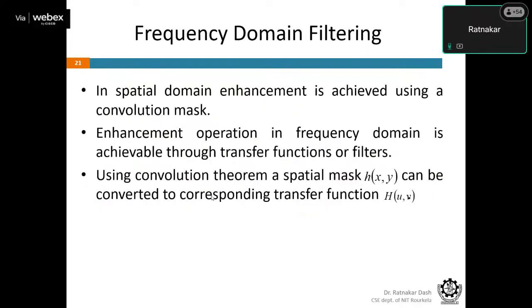Now coming to frequency domain filter. In spatial domain filtering, we mostly work on the signal values or image values directly, whether it is signal, image or video. You can try out different masks for different operations like smoothing and sharpening, and apply these mask operations onto the image or pixels directly.